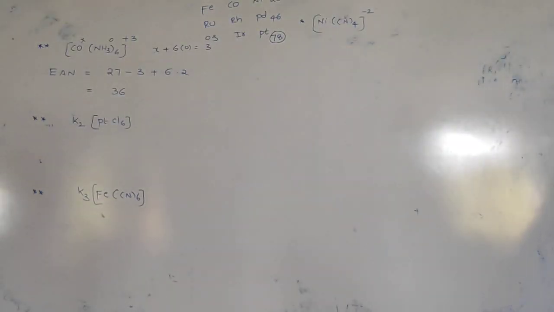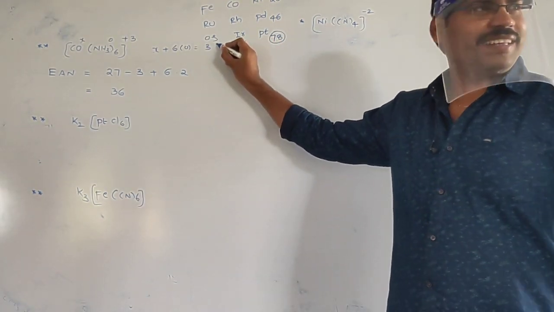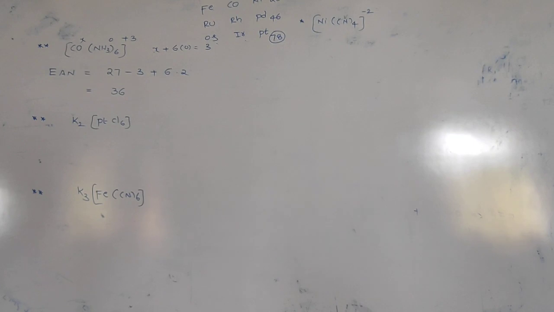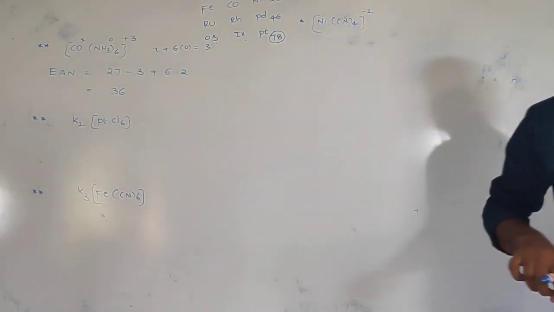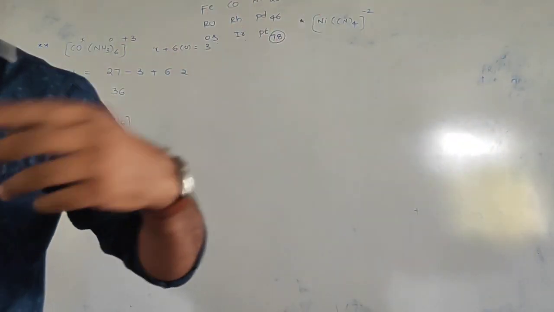Okay, sir, what about osmium? Now, what about osmium? Iron being 26, we add just 18 to get ruthenium first. 26 plus 18, 44. Am I right?